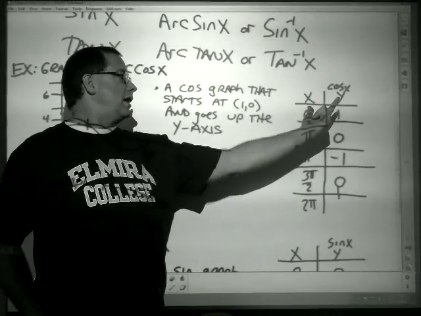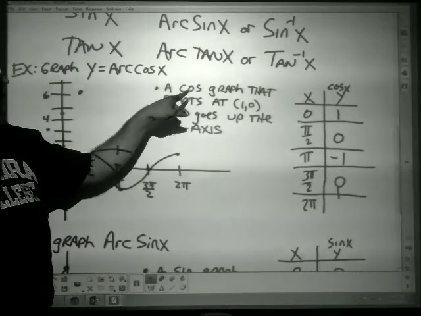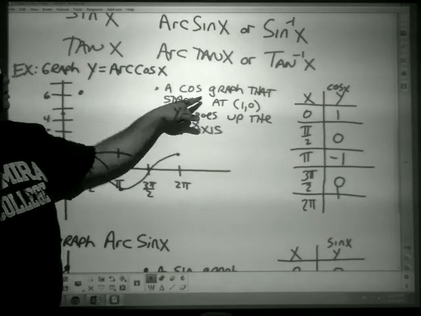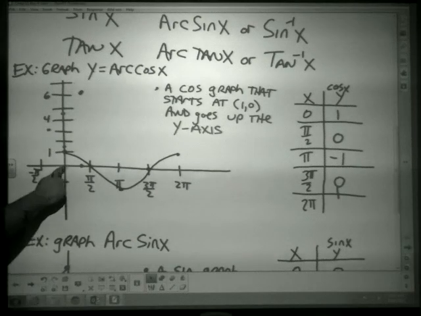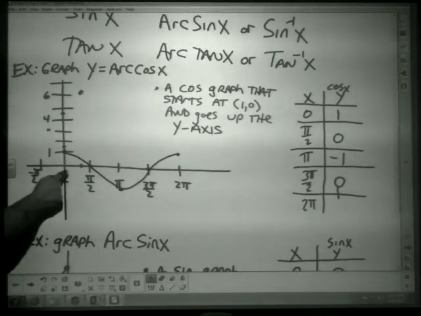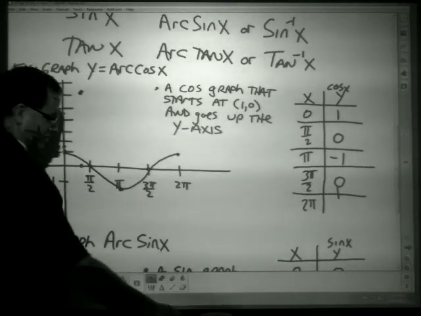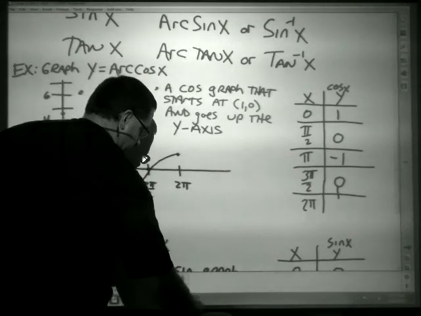Trade the x and y. So this graph, the arc cos, is really a cos graph that starts at 1, 0. So here's 1, 0. And then it will go up the y-axis instead of across the x-axis.